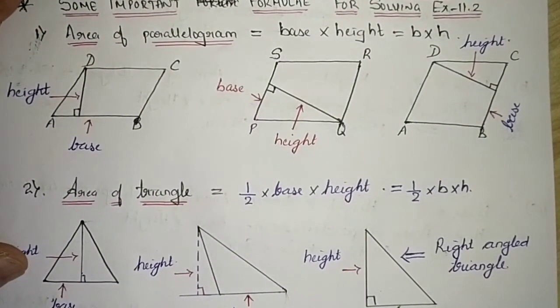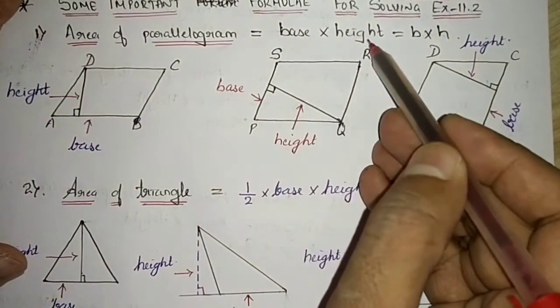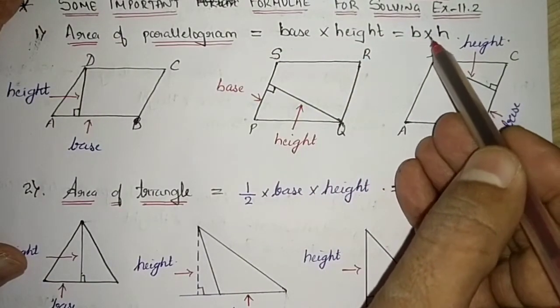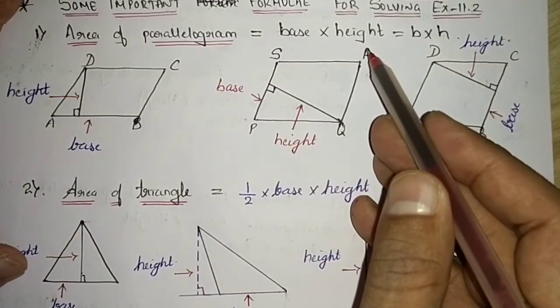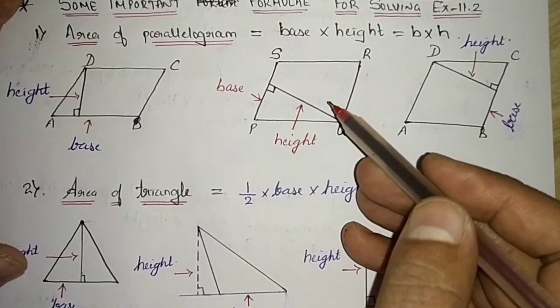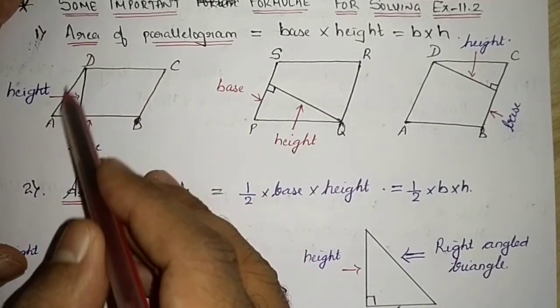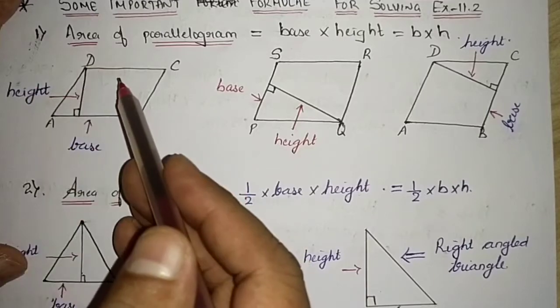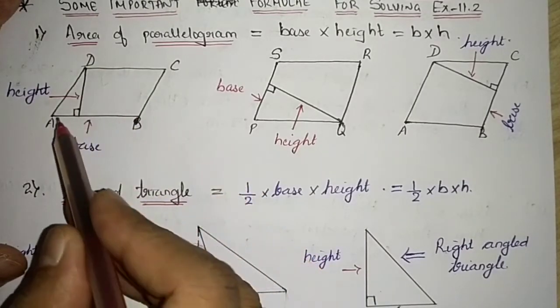Area of parallelogram is equal to base into height, that is b into h. Now what is base and what is height? Students, any side AB, BC, CD, AD, any side of the parallelogram can be chosen as the base.